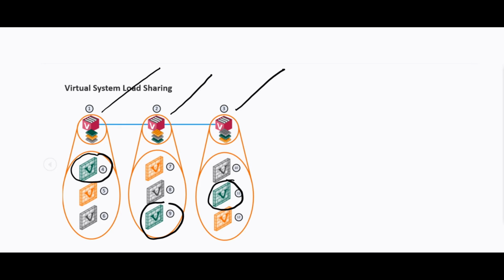Consider you have, say, 30% traffic passing from this virtual system, 60% traffic passing from this virtual system, and then 10% traffic passing from this virtual system of the VSX gateway.